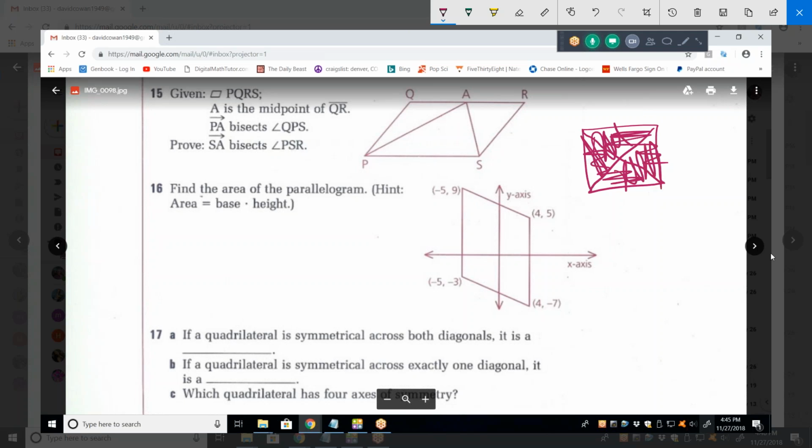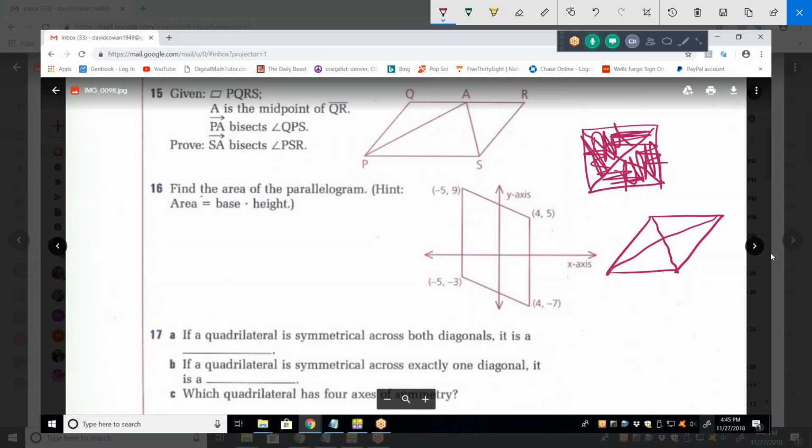Is that what they mean? Yeah. So any old rhombus? I think so, yeah. Let's see, that creates 2 symmetrical sides.